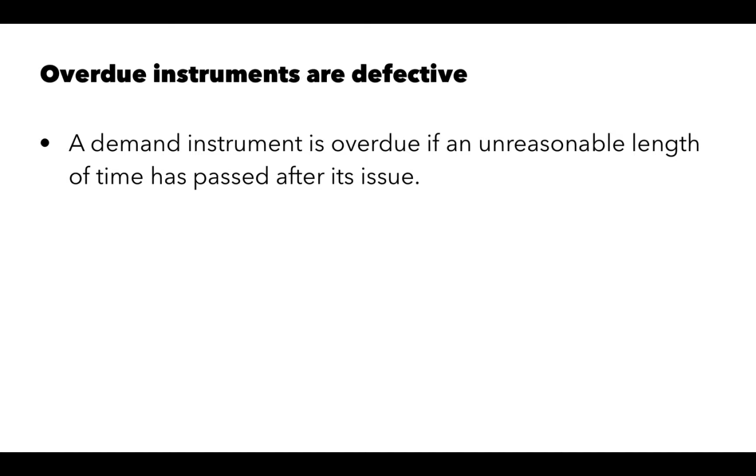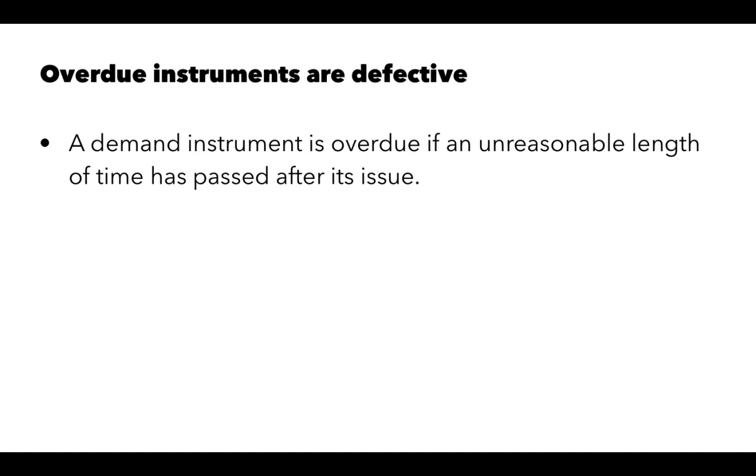So a demand instrument is overdue if an unreasonable length of time has passed after its issue. Now this refers to checks. Say you found a check that your grandfather sent you on your 7th birthday. You're now 20 years old and you go down to the bank to cash the check. That check is defective. Why? Because an unreasonable length of time has passed since it was issued.